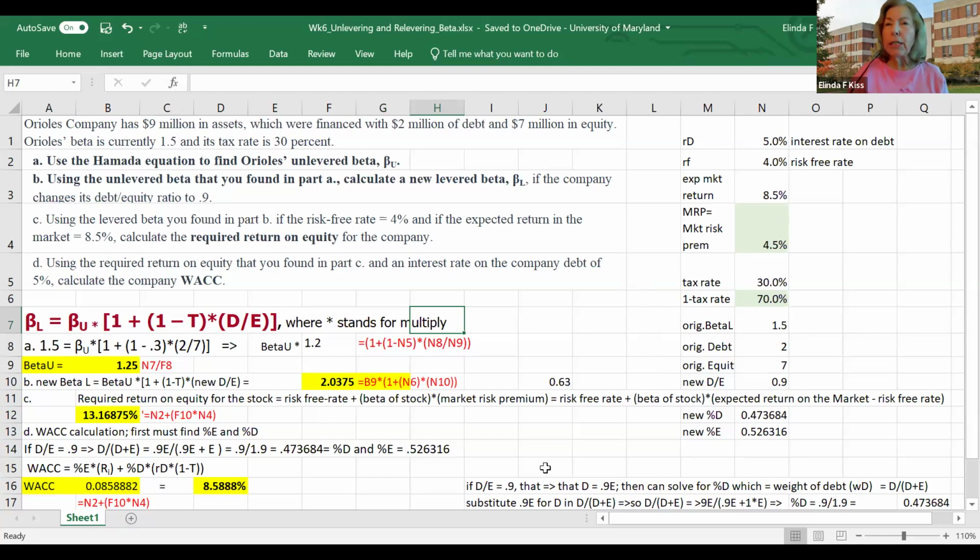The calculation is as follows. If debt equity equals 0.9, that implies that debt equals 0.9 equity.